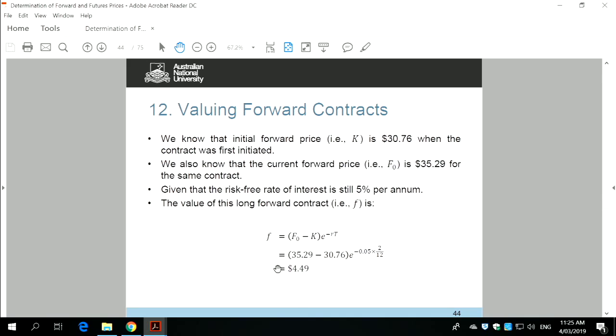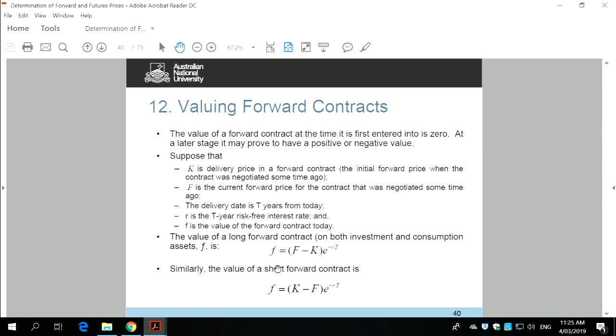Now, once you finish this example, let's go back to this notation here. The convention of notation is that you would have a contract that entered some time ago, right? So in our example, we fast forward to July, we entered a contract 4 months ago back in March, and the initial forward price is using the capital K to denote it.